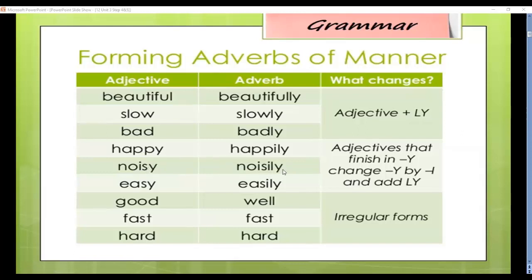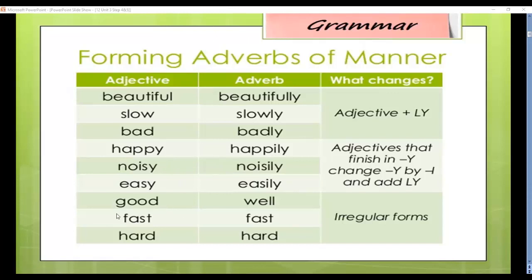The ly is the same idea here. Happy: this is y, this is p, a consonant. Noisy: this is s, also a consonant. If the adjective ends with y preceded by a consonant, we have to delete y, change it into i, and then add ly, like this. Happy, happily, noisy, noisily, easy, easily.